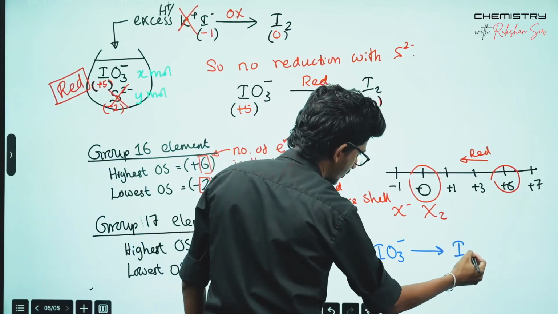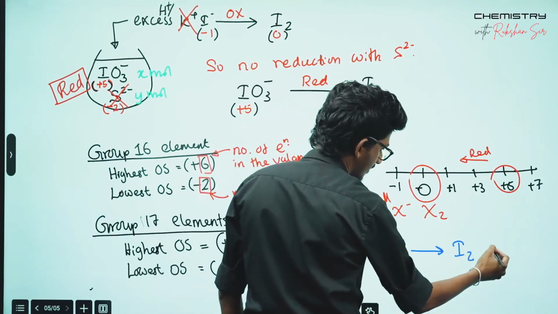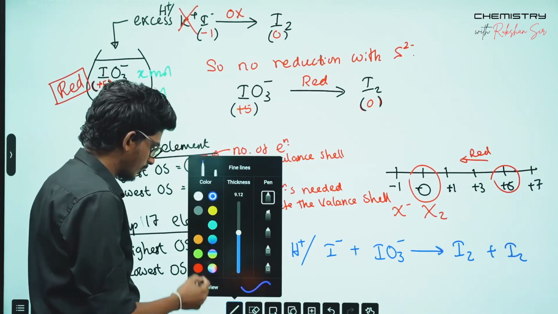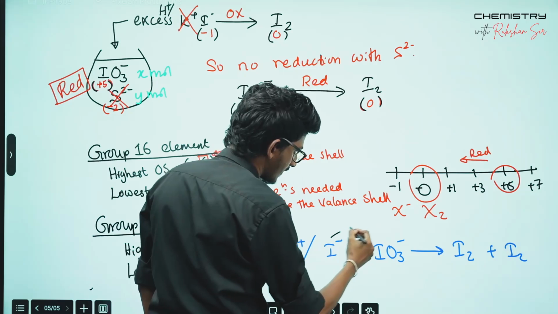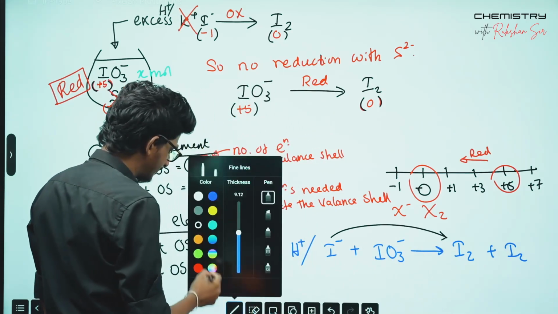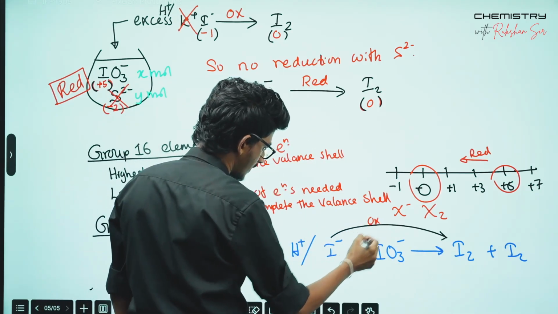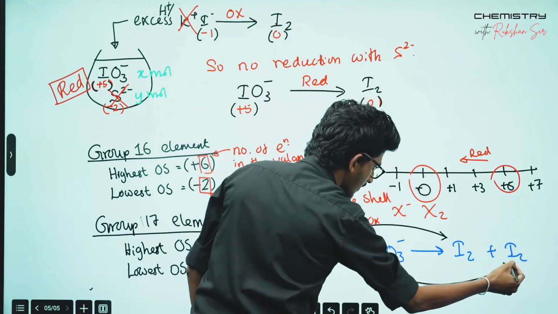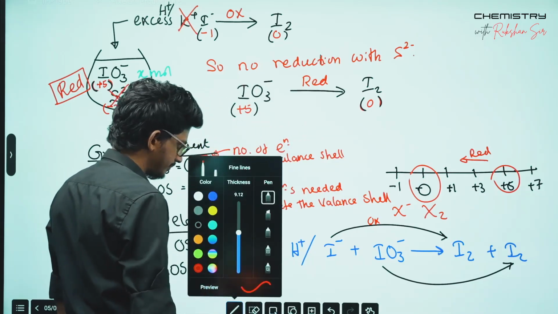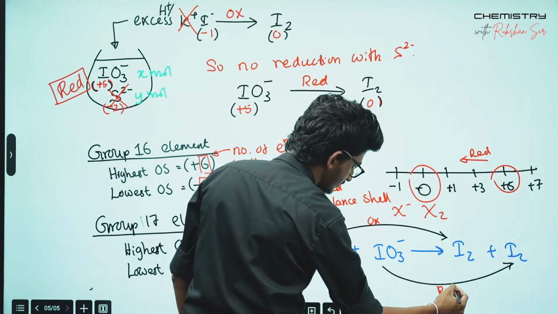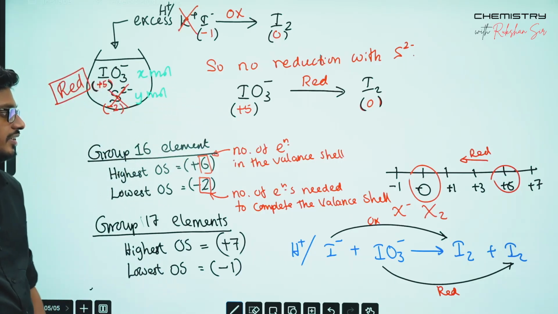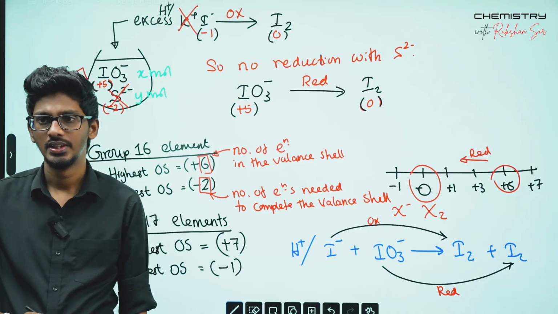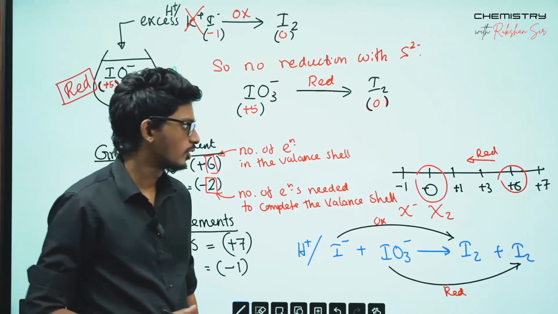The I minus will get oxidized to I2, while the IO3 minus gets reduced to I2. Anyway, that is the redox reaction possible with this system. Got the idea?